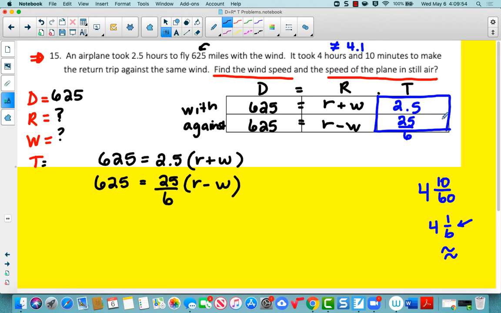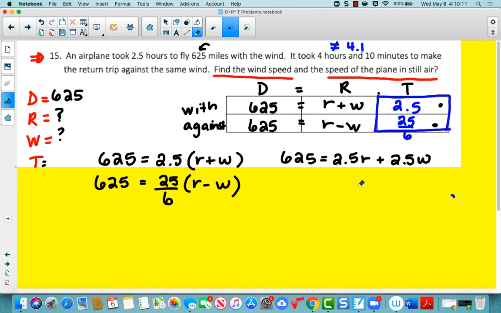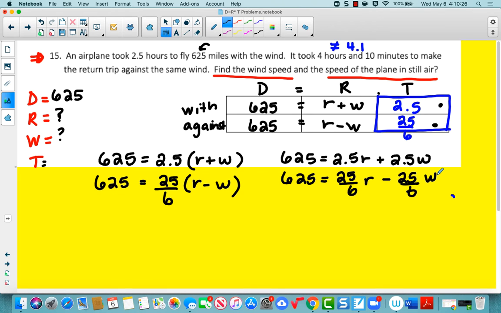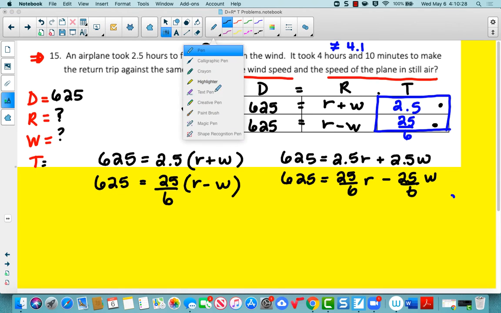If you're going to make a mistake, that's where it's going to be. Now I'll distribute, but when I distribute, you want to simplify. So this is going to be 625 equals 25 over 6 R minus 25 over 6 W. Now this is where the thinking has to happen.